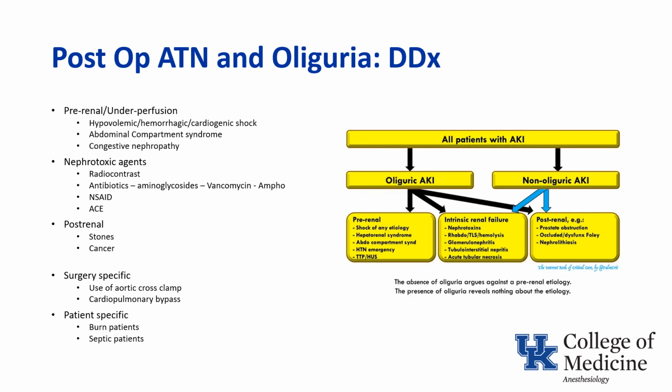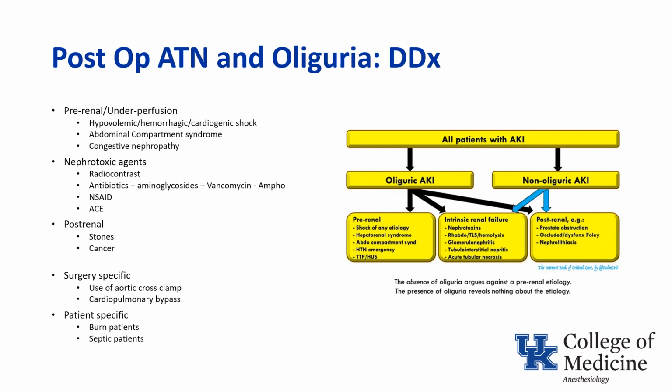So you have decreased blood flow to the kidney itself. Abdominal compartment syndrome is a cause of pre-renal AKI as well, as the overall perfusion pressure of that kidney goes down, right? And same thing for congestive nephropathy. So you imagine somebody that has very high venous pressures, RV failure, high ascites, that perfusion pressure to the kidney is low. So that is what we would classify as pre-renal or underperfused.